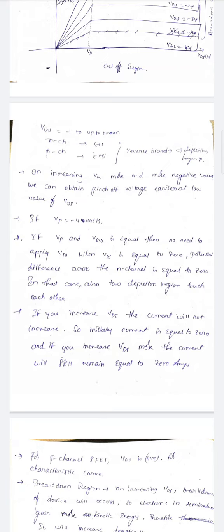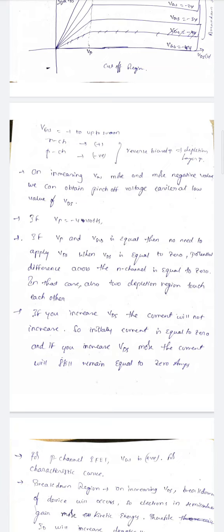So imagine the voltage at the gate terminal and the pinch-off voltage is equal to 0. The potential is equal, so there is no flow of current. If there is no flow of current, the ID current will be 0.